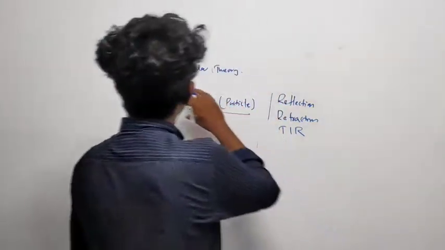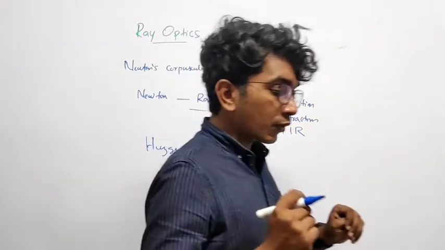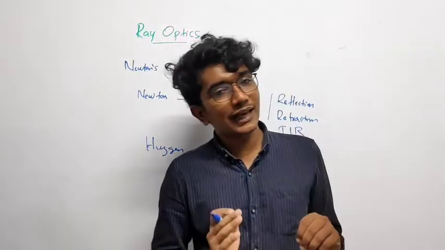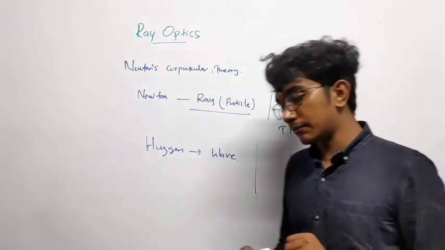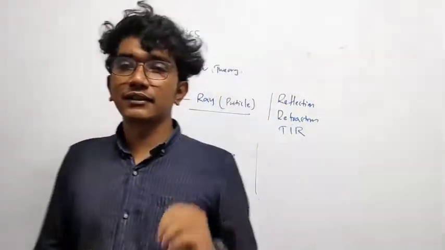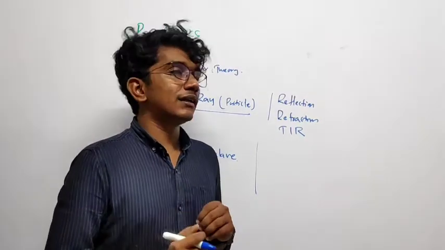So Newton said it is a particle, and at that time the whole science community accepted that. Then suddenly Christian Huygens came and said, no, it's not a particle, it's a wave. Nobody accepted him at that time.